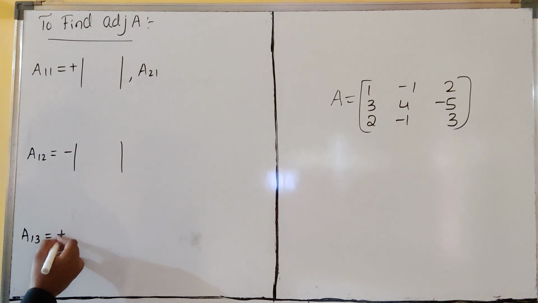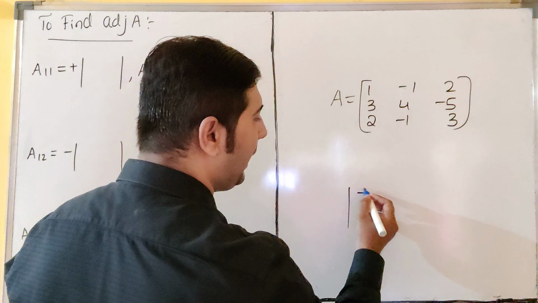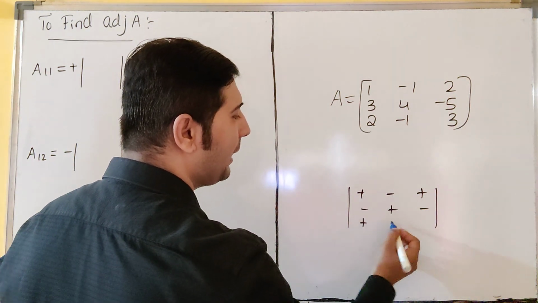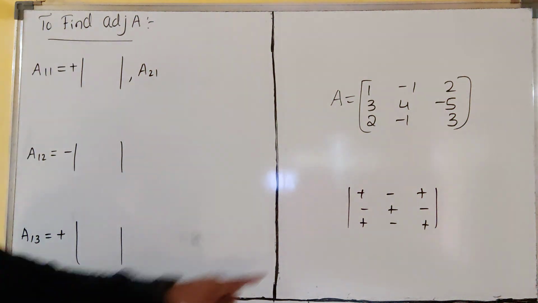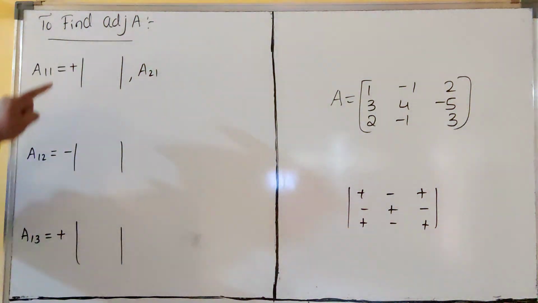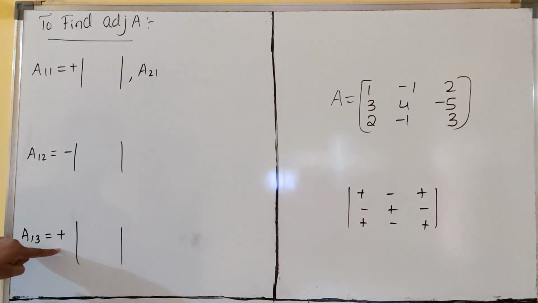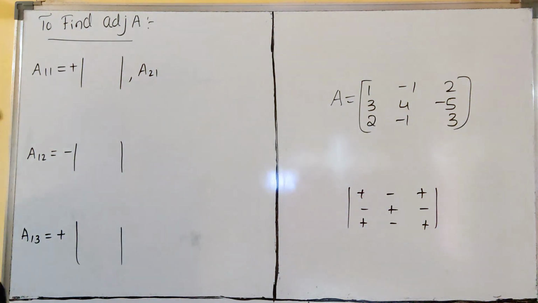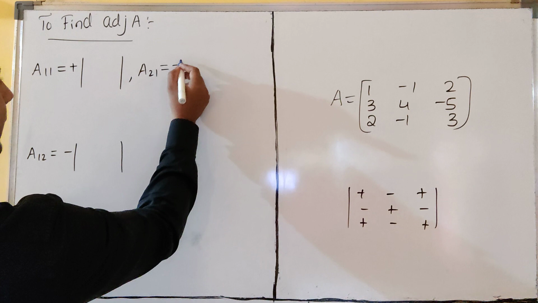A13. Just now we have written that only, I am writing: plus minus plus, minus plus minus, plus minus plus. Can you see this? Here you see plus minus plus. Next is minus plus minus. That only I am writing here, dear students.